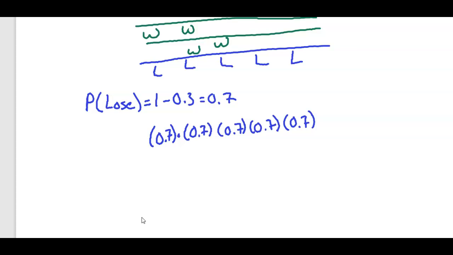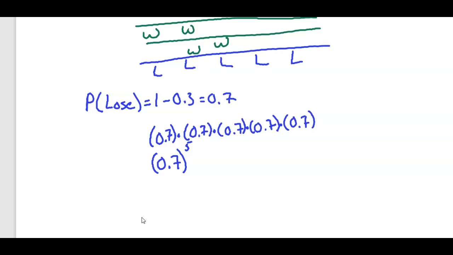And I'm going to multiply that because I want all of these things to happen. It's not an or. It's not he loses on day 1 or he loses on day 2. I want him to lose on day 1 and on day 2. So if I multiply all these, that's the same thing as 0.7 raised to the 5th power.